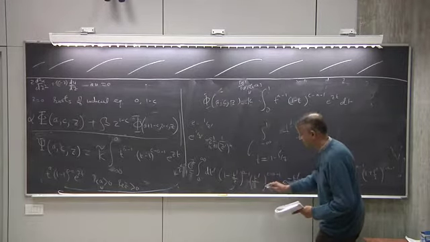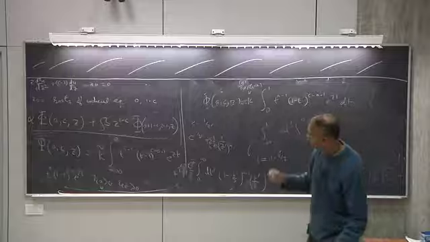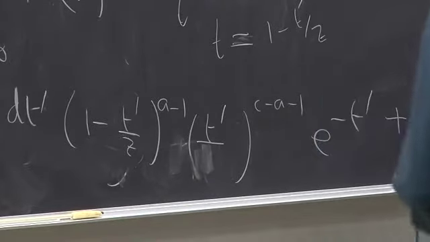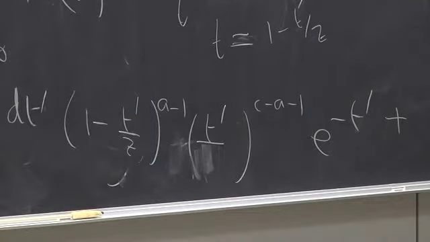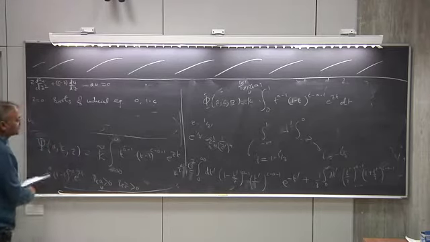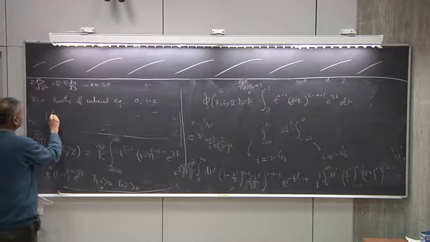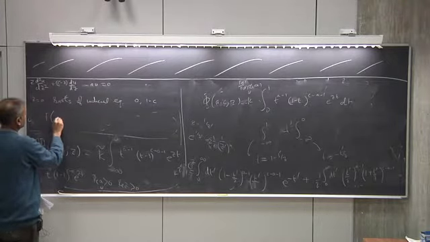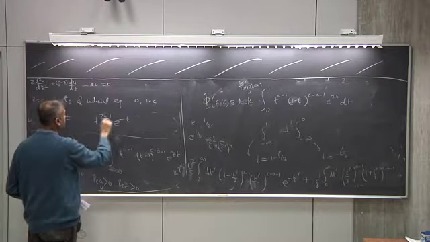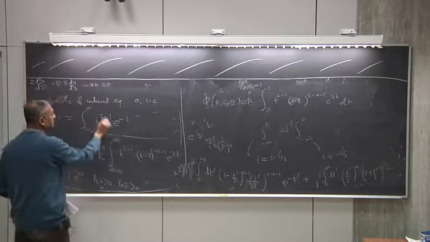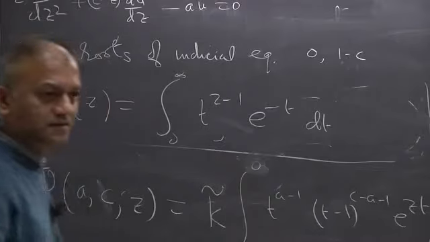Okay. What was the gamma function? Do you remember what was the gamma function definition? Unfortunately, I don't have those notes here. How did we define gamma function? Gamma of, say, z was the integral from 0 to infinity of t to the z minus 1, e to the minus t, right? This was the definition.